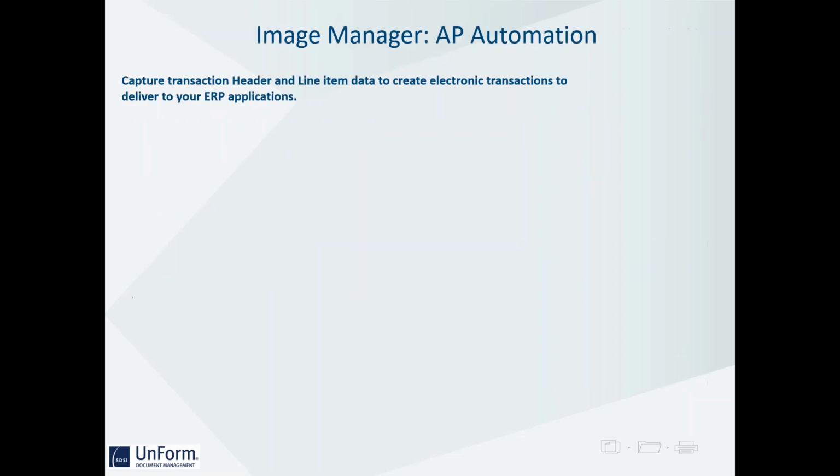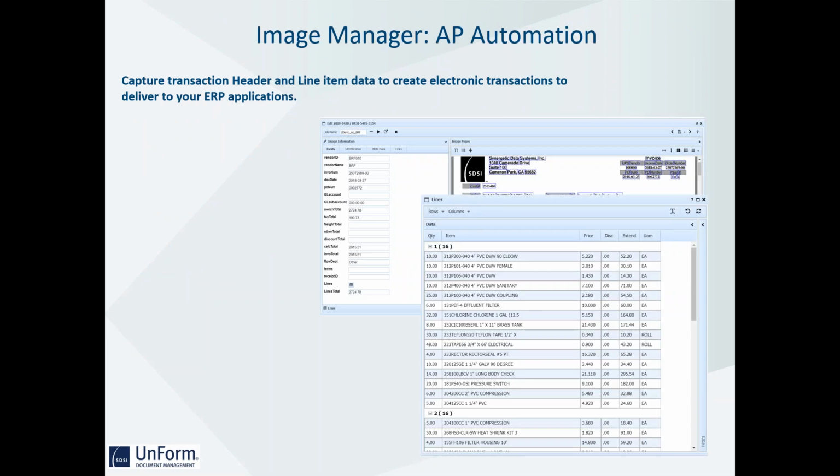And then with the AP automation, again, we can identify who sent it. We know where to look for those key data elements required to create an electronic transaction. We can validate that data by comparing it to ERP data. We can check to see if it's a duplicate. We can mathematically validate the information we've extracted.